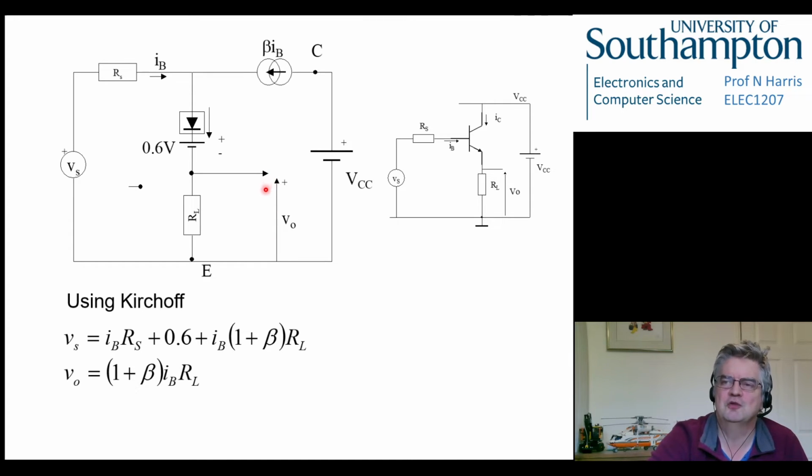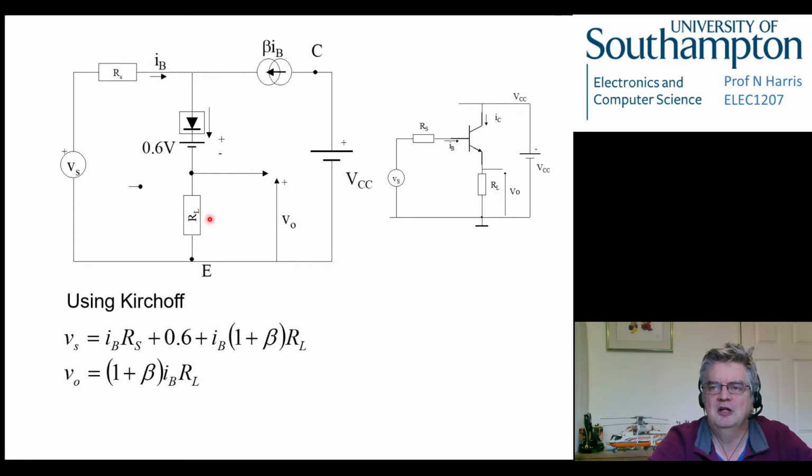If we're going to do the relationship between V out and V in, we need to know where V out and V in are on the circuits. So this is where V out is, and this is where V in is. So we can apply around our loop IB Rs, the voltage across here, nothing going on over here, assuming that Vs is big enough. 0.6, which is that 0.6 over voltage we come across here, and then we've got whatever's going on through here, and this is the interesting bit: we've got IB (1 plus beta) RL, because we've got beta IB coming down here, and we've got another IB coming down here.